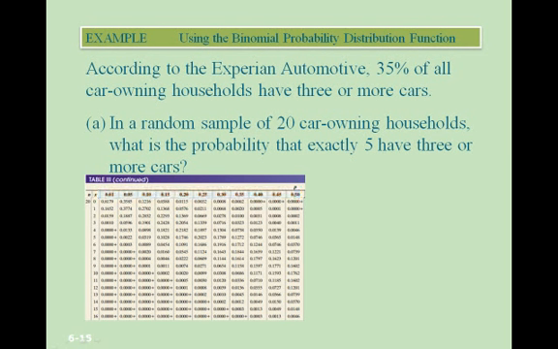So we want to look again at part A, where we found the probability of exactly 5. So looking at n is 20 and going down to where x is 5 and over to our column where p is 0.35, we see the value we found by doing it with our formula, which is 0.1272.